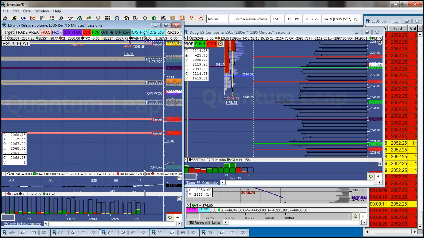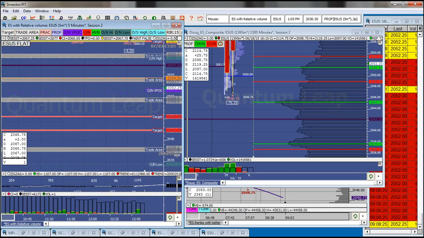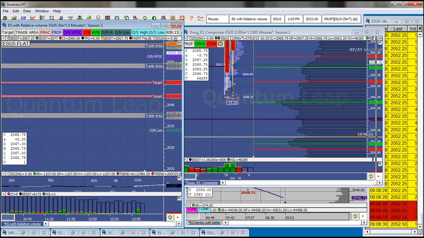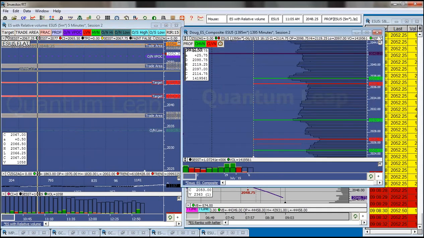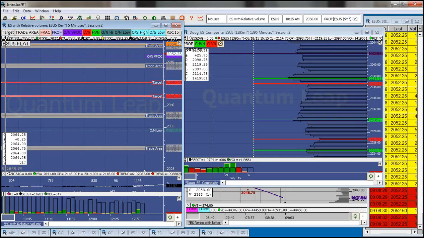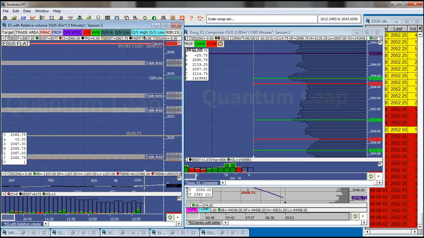And then anything below 37.75, you got a great target into 34.25, our overnight low, with 30.25, 26.75. We've been through all these numbers, and then 24.75.